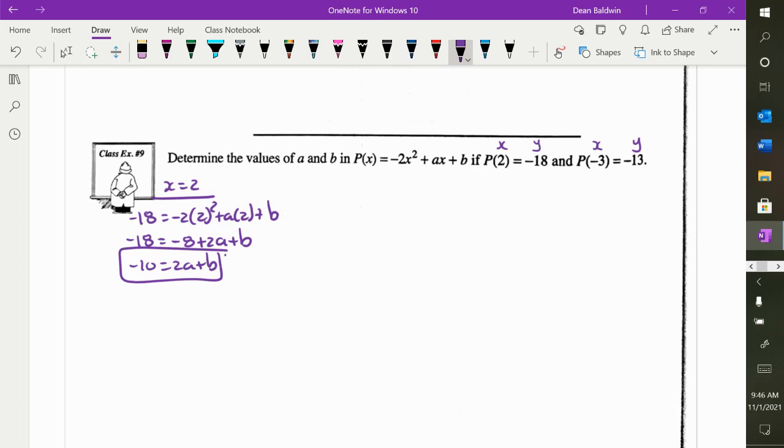I get negative 10 is equal to 2a plus b. Does everybody agree with that? Or are you just blindly copying what I'm writing, without thinking? Did I make a mistake? Basically, that's what I'm asking you.